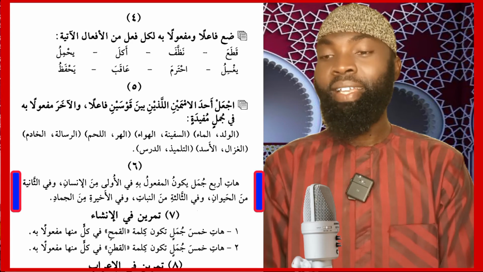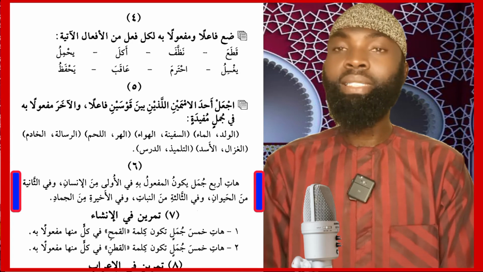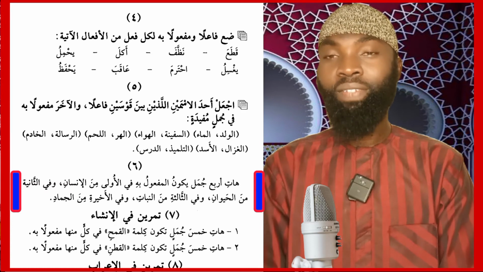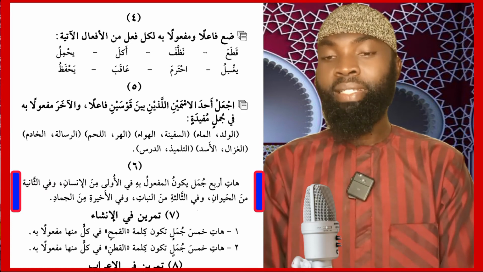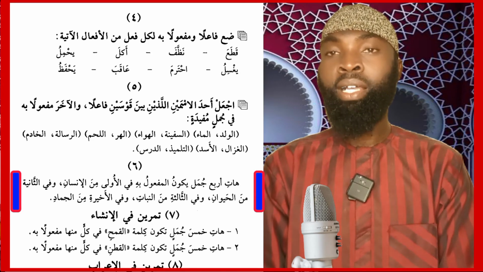So in the first one, we can say Daraba Aliyun Muhammadan. Ali beats Muhammad. So Muhammad, the name of a human, is acting as the object of this sentence, Muhammadan. The next, we can say Qatala Muhammadun al-hayyata. Muhammad killed the snake.